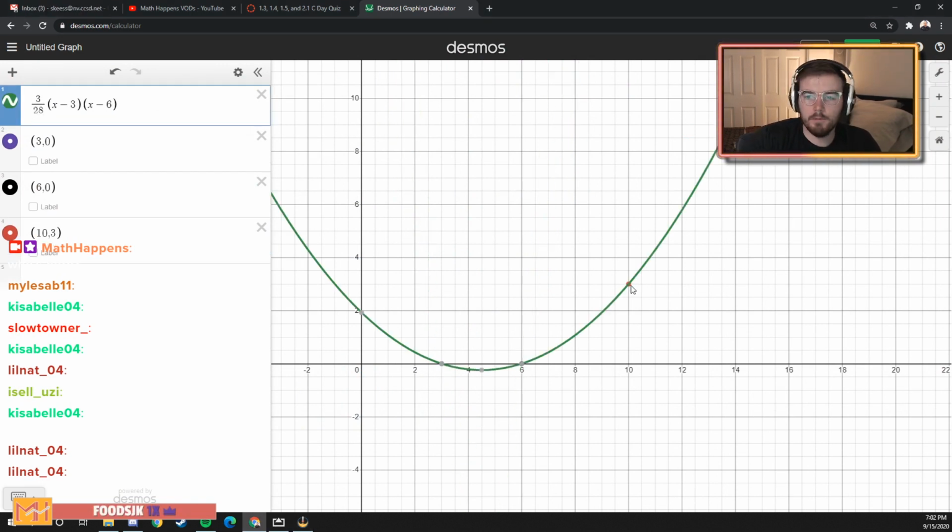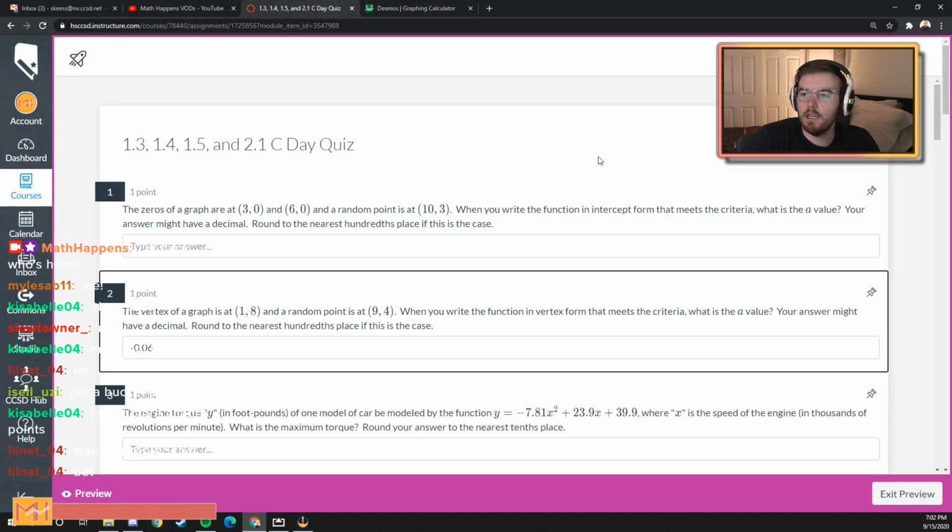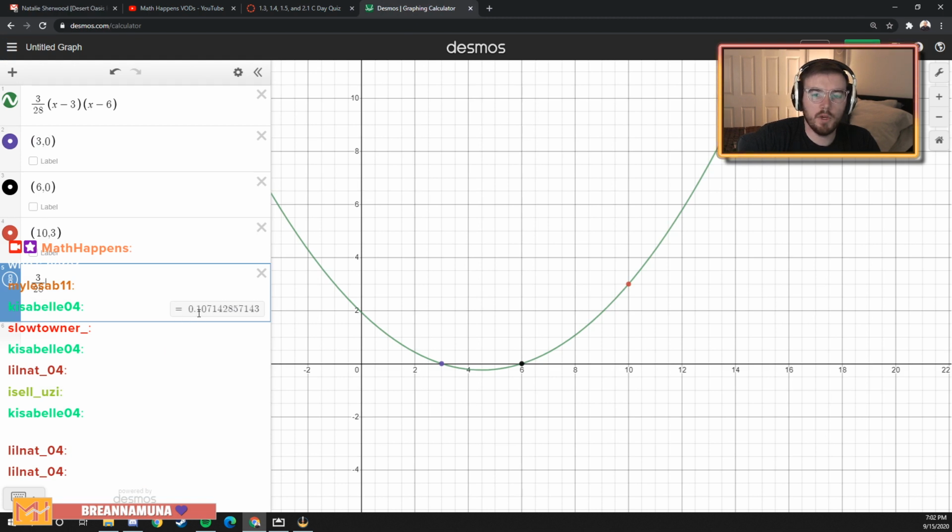Look at that. Boom. It's going through that point now. Once again, it only likes decimal answers. So our decimal answer, what does it say? Round your answer to the nearest hundredths place. So that's 0.11, because the 7 is going to round that up to a 1, yeah?